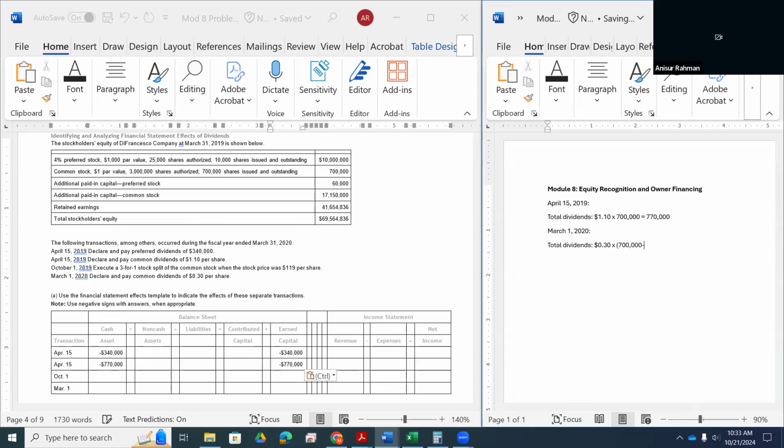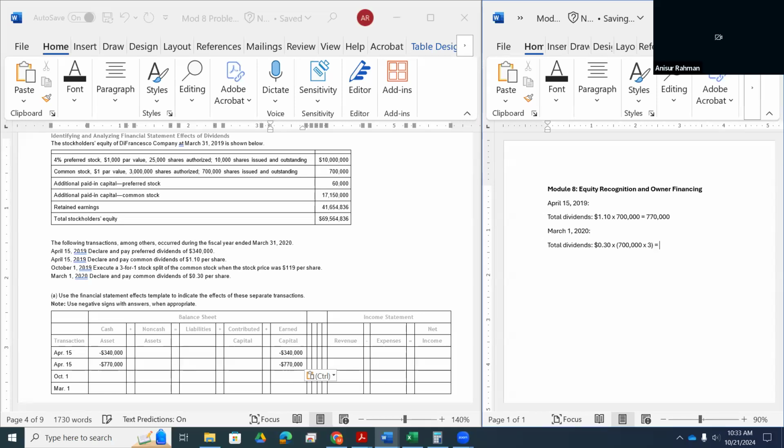But remember, we also split the shares into 3, so that basically means 700,000 times 3.